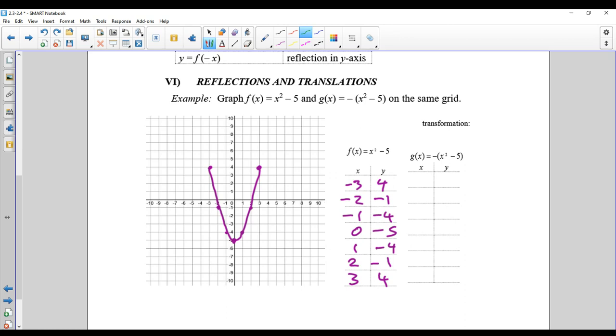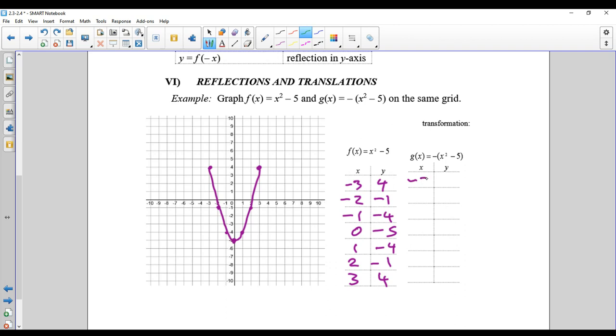So if it's a reflection on the x-axis, which one of these is going to change sign? Is it the x values or the y values that change sign? Yes, the y values change sign. So every x value stays the way it is. X values, if you're reflecting across x, do not change.